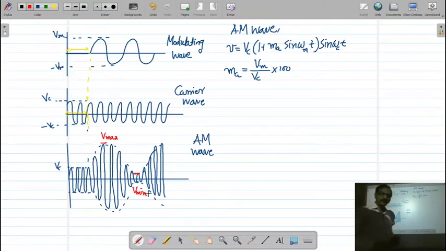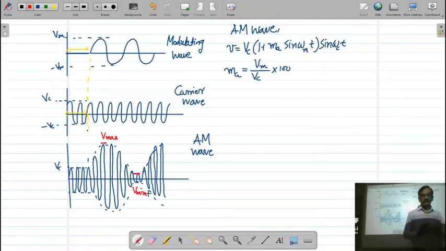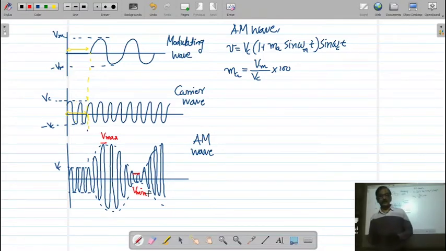On your oscilloscope we can measure only these two quantities: the maximum voltage and the minimum voltage. So we will calculate the modulation index in terms of V maximum and V minimum. So how do we calculate it? Let us see.